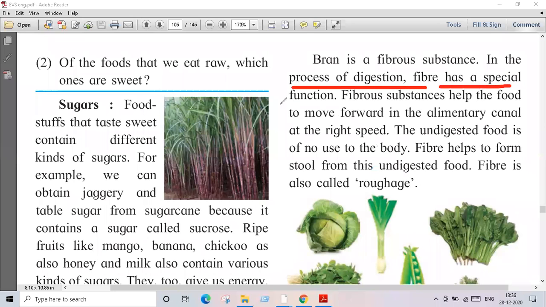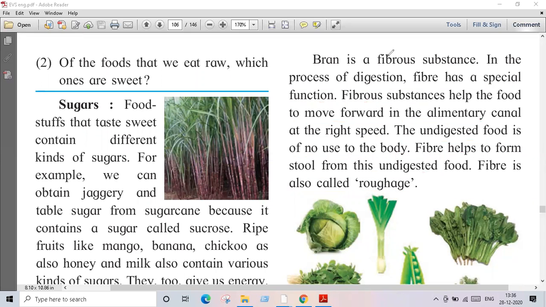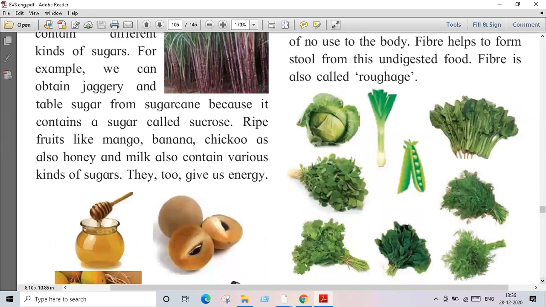Fibers have a special function. Fibrous substances help the food to move in the alimentary canal at the right speed. The undigested food is of no use to the body. Fibers help to form stool, and this undigested food fiber is known as roughage. So you can also get fiber from the leafy vegetables like this.